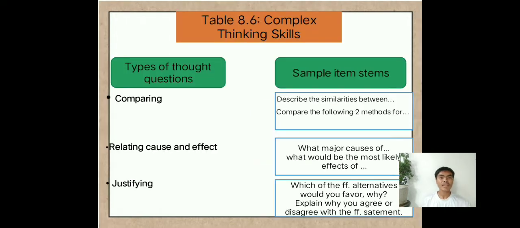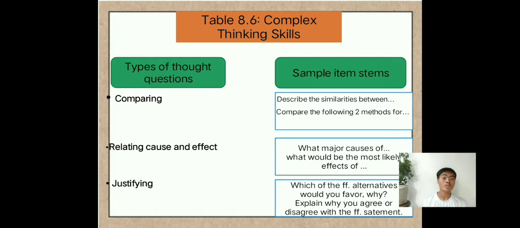In Table 8.6, complex thinking skills, there are types of thought questions. First, comparing. In the sample item stems, there are clue phrases that fall under comparing: describe the similarities between, compare the following two methods for.